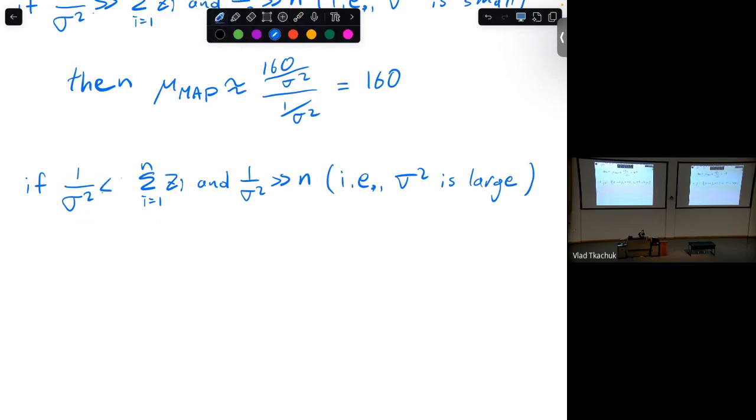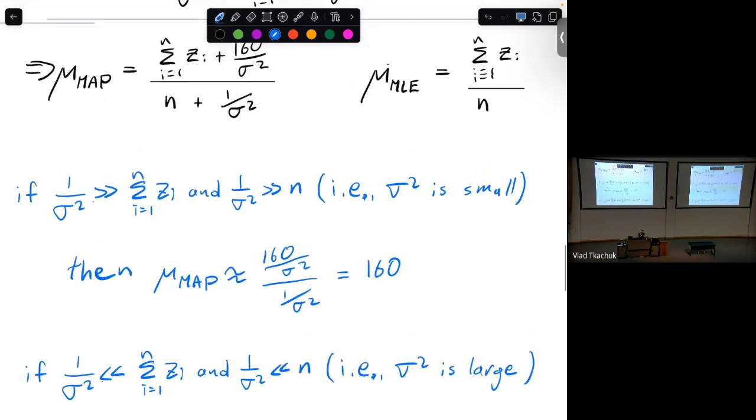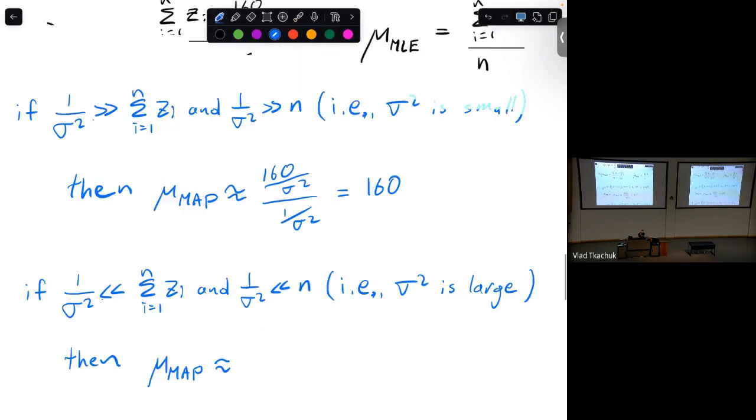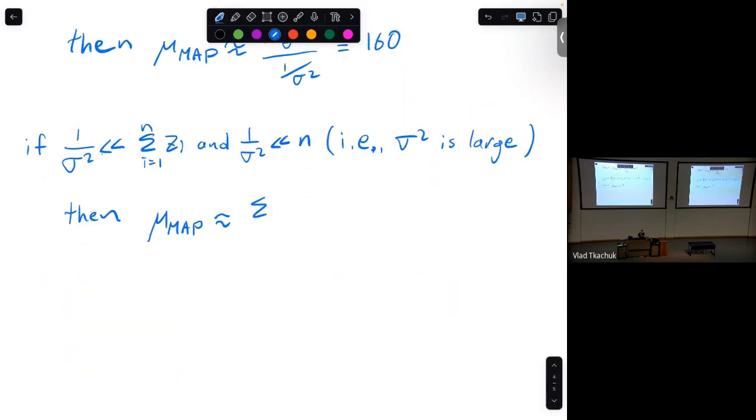And in particular, if it's much smaller than the sum and n, well, then what we end up with is that the MAP estimate is approximately equal to, since sigma is large, this is tiny, so this and this dominate. So you just end up with the sum from i equals 1 to n of zi over n. And that's the MLE estimate.